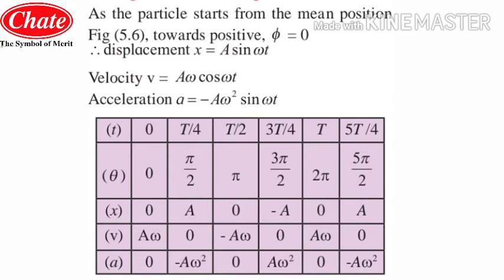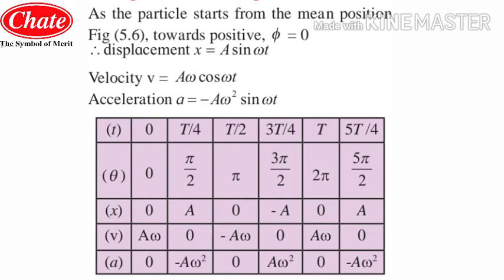Now the second value is at pi by 2 and the time t by 4. When we put pi by 2 into the equation, the value becomes sine 90. As we know sine 90 is 1, so the displacement x will be only a, because 1 into a remains. That is the value at pi by 2 and time t by 4.